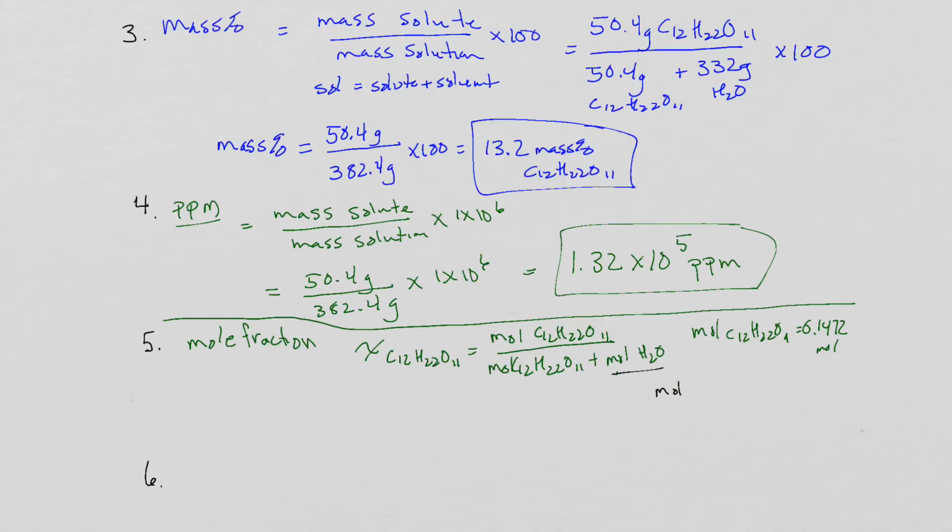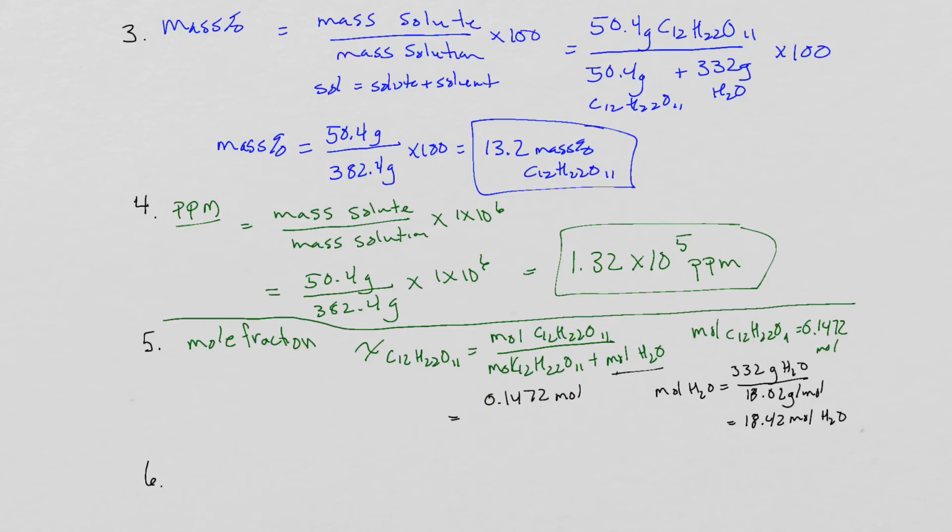My moles of water equal my grams of water, so that's 332 grams, 0.332 kilograms, divided by the molar mass, about 18.02 grams per mole. If I do my math here, I get 18.42 moles of water.